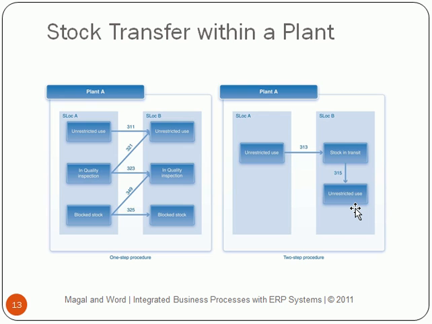You cannot do it in one step. Remember, it is called two steps because on one line you are moving from unrestricted use to transit, and then in a second document, when the stock is ready to move to permanent storage, they move from transit to unrestricted use.